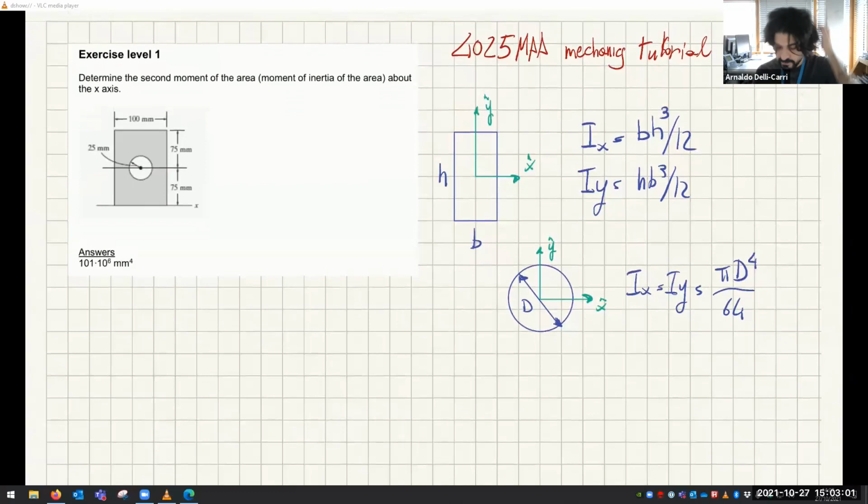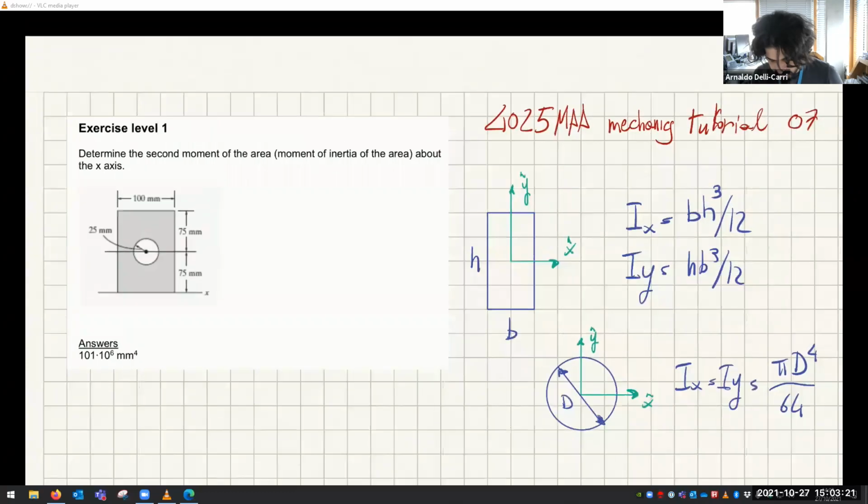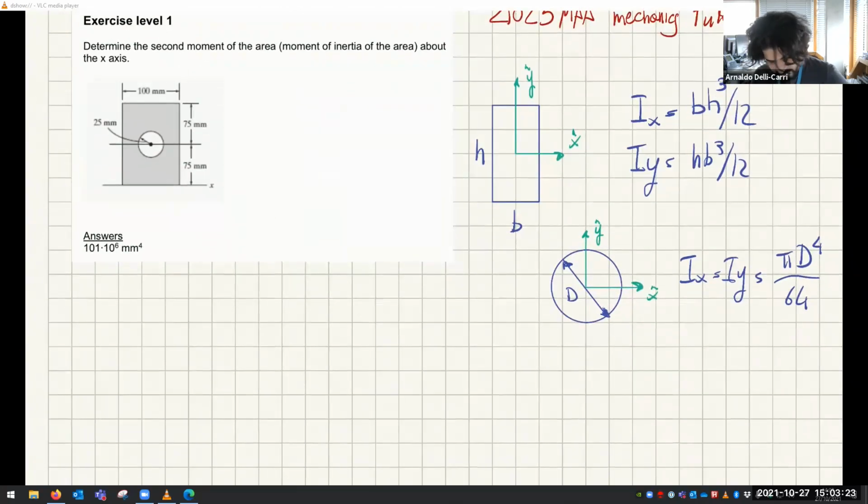Now let's solve tutorial exercise level 1. So we want to determine the second moment of area about the x-axis. Now look, the x-axis is here, so it's not the centroidal axis that we were expecting. We need to use this axis x. So we will take advantage of the parallel axis theorem, which I'm going to recap here.